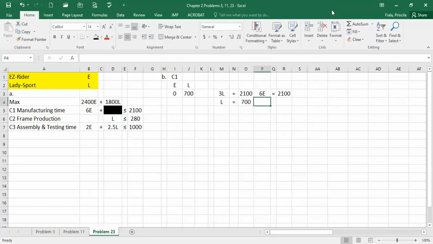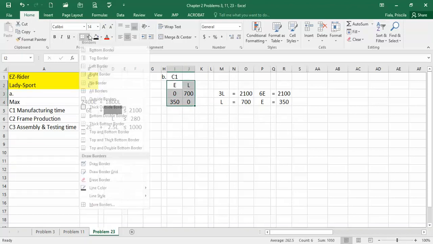Therefore, you divide both sides by 6. You're going to get 350. Therefore, when you set the right side to 0, you get 350. So these are your 2 points for the first constraint.